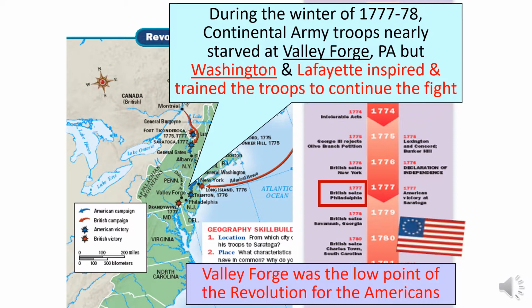During the winter of 1777 to 78, the Continental Army troops nearly starved at Valley Forge. So, yes, they had had that major battle. They had the victories at Trenton. They had the victory at Saratoga.